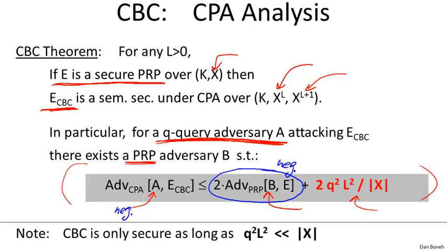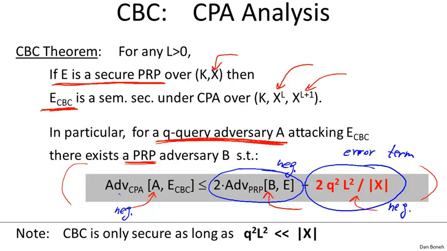However, here we're prevented from saying that because we got this extra error term. This is often called an error term. To argue that CBC is secure, we have to make sure the error term is also negligible. Because if both of these terms on the right are negligible, their sum is negligible, and therefore the advantage of A against eCBC would also be negligible.